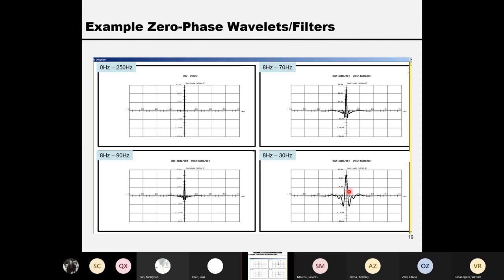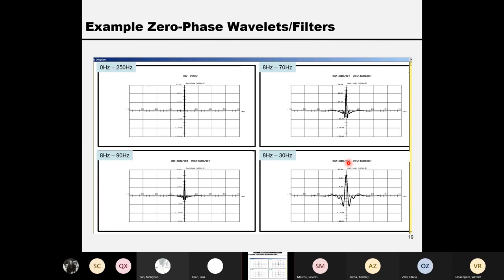But this one is very high resolution. Although it is wide in the time domain, this peak here very well represents the seismic reflectivity, or geologically it very well represents the position of an interface. You can see that. So this is much easier for geological interpretation.